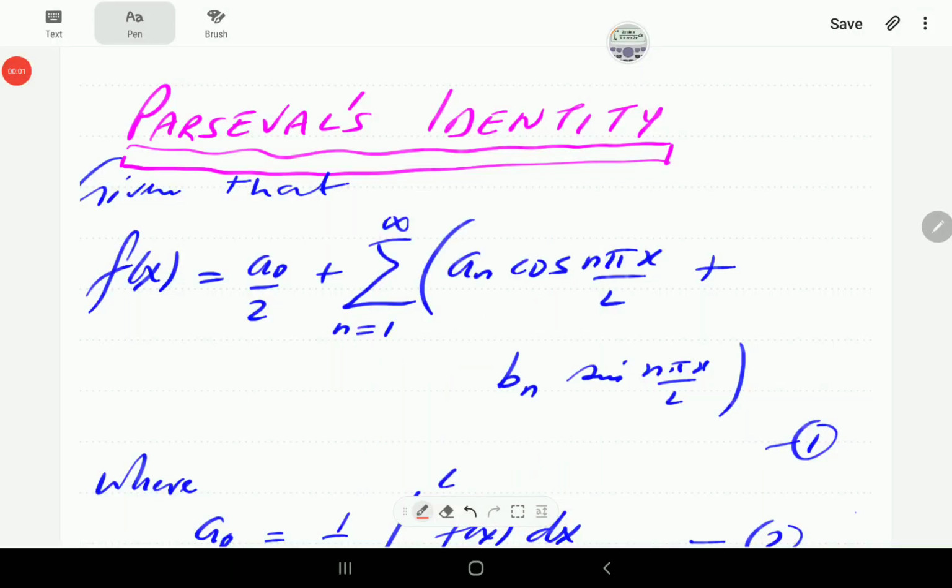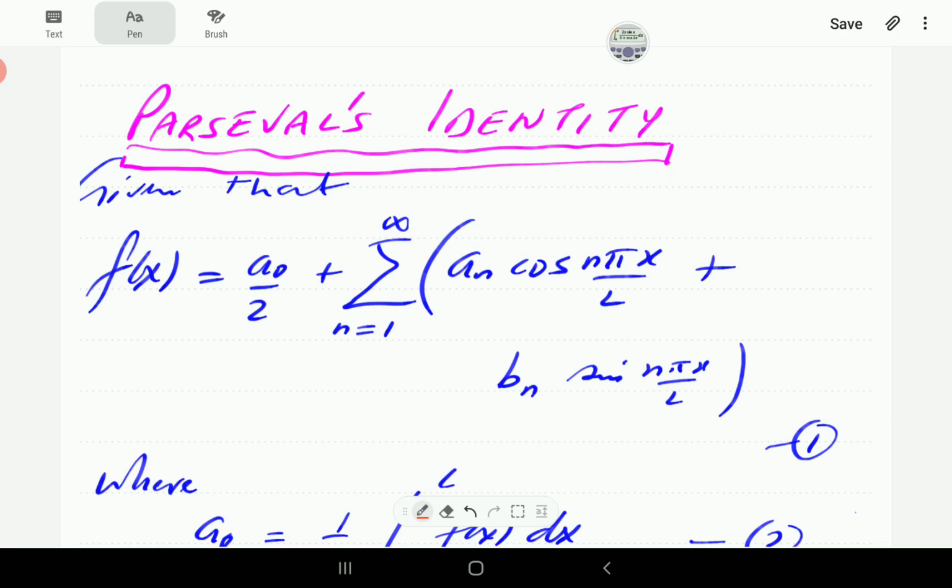Alright, in this video I'm going to introduce a result called Parseval's identity, which is related to the Fourier series, the Fourier theorem.